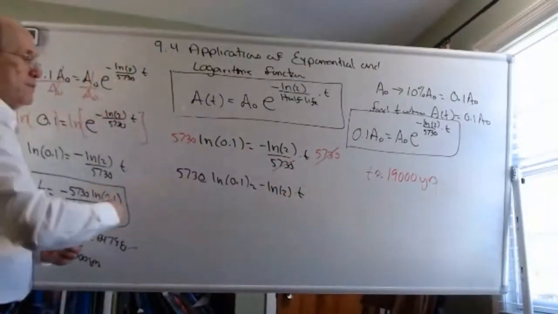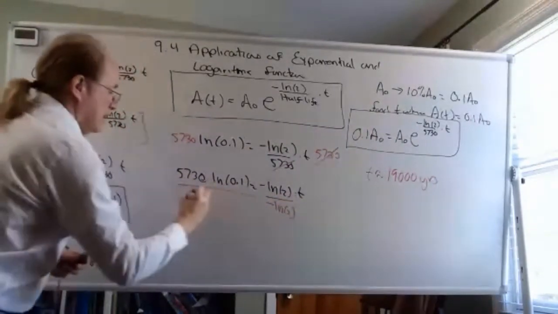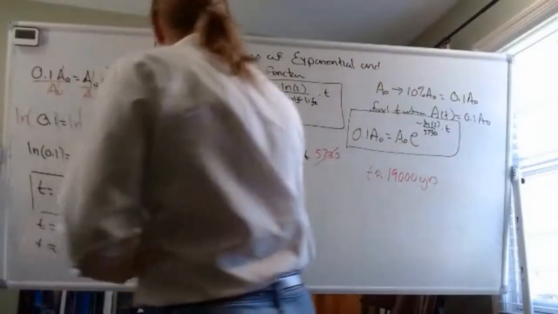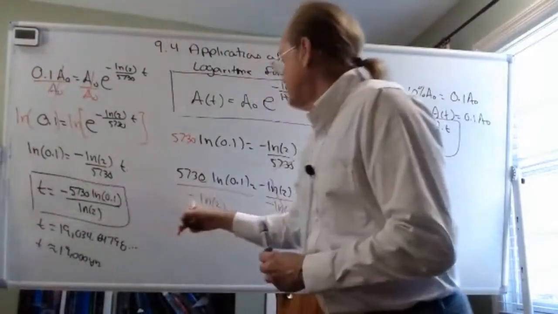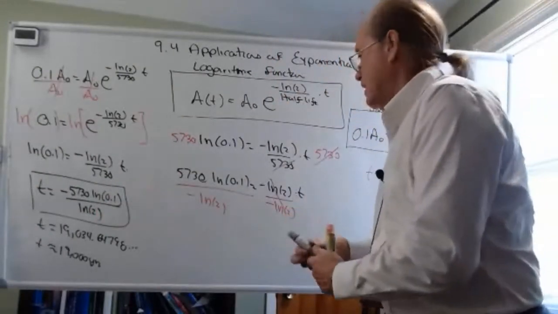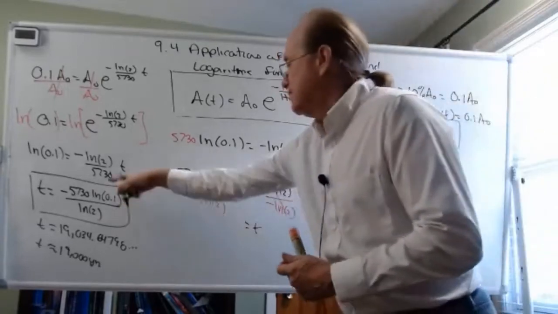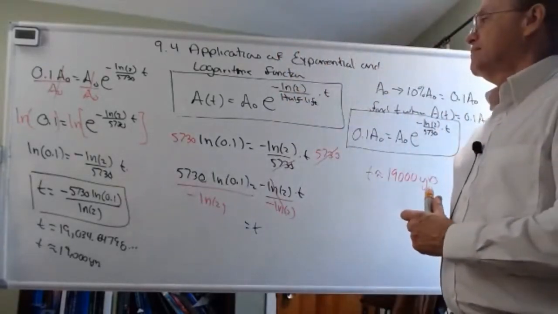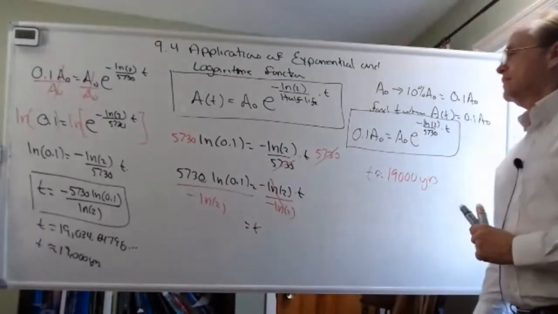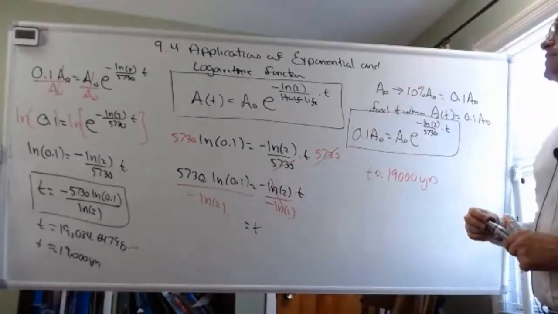I want to clear this out, so I divide by minus the natural log of 2 on both sides, which clears it out, and then I just pull the negative up top, and I have t. This is just equal to t on the right-hand side. T is equal to essentially that. Just solving a basic linear equation. And that's always how you can estimate the time.